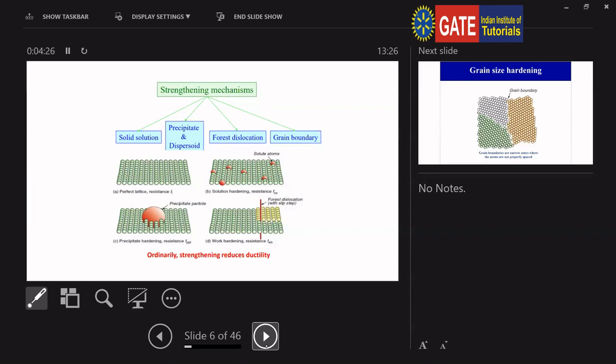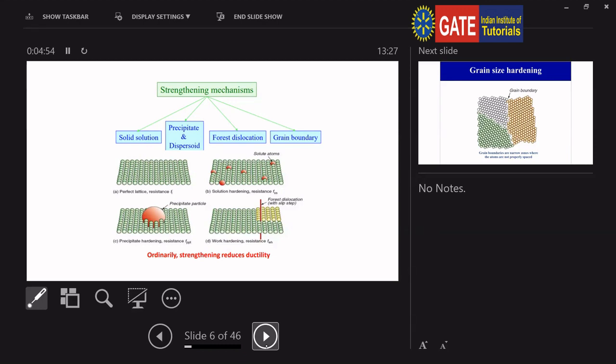Some solute atoms are bigger, some solute atoms are smaller, so automatically your lattice will get disturbed, and it will create a compressive stress field and a tensile stress field, and that stress field interacts with the dislocation stress field and cancels out each other, and then it can basically obstruct the motion.